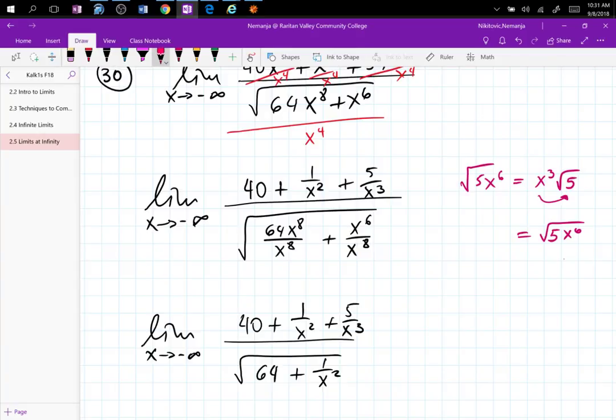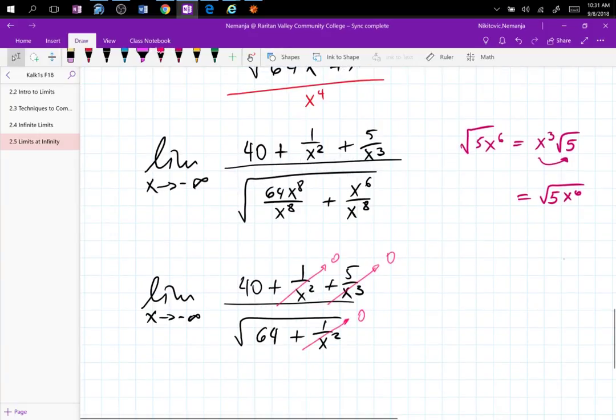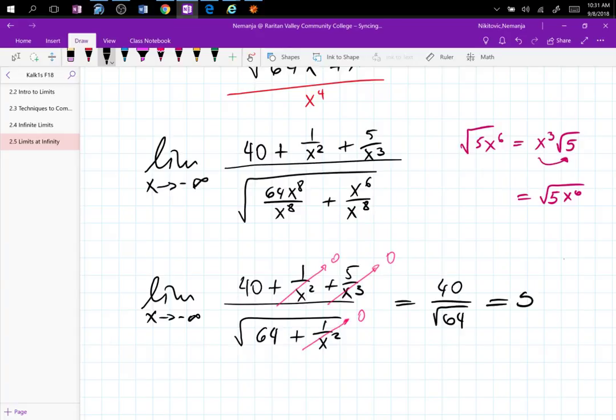Now, dead, dead, dead. Because of the red formula, you are left with 40 divided by square root of 64, which is 5. And the limit is 5.